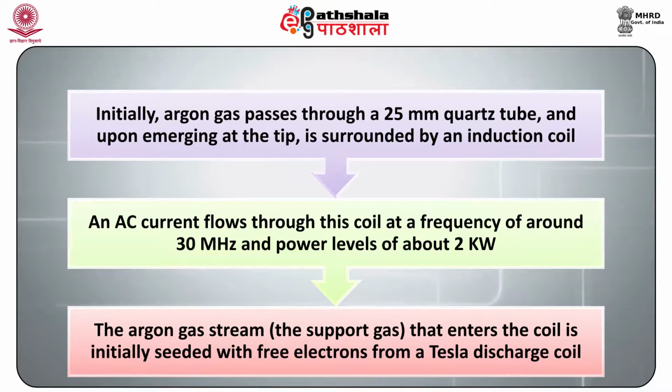An AC current flows through this coil at a frequency of about 30 MHz and power levels of about 2 kilowatts. An argon gas stream, the support gas that enters the coil, is initially seeded with free electrons from a Tesla discharge coil.